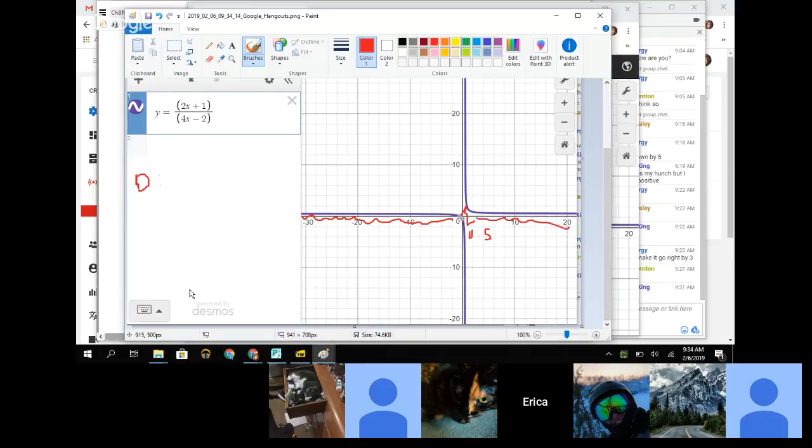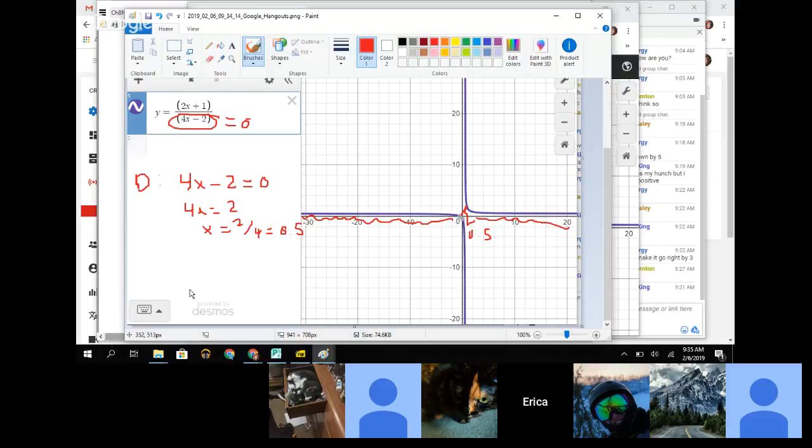So remember, the domain has to do with the denominator and where it equals 0. So when does this denominator equal 0? Well, it's when 4x minus 2 equals 0, which is when 4x equals 2, or x equals 2 over 4, which happens to be 0.5.